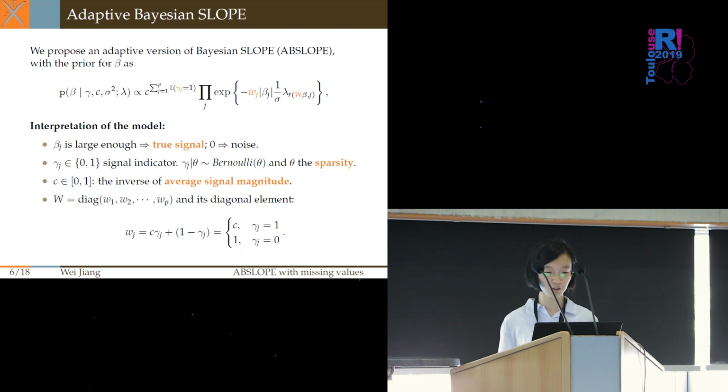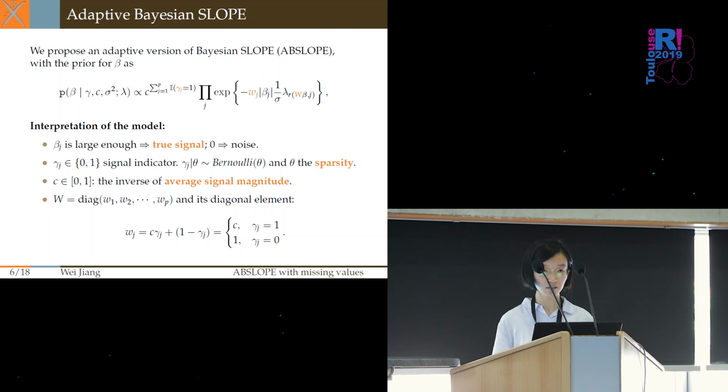First, we view beta as a signal if beta is large enough, otherwise only noise remains. Gamma can be viewed as a signal indicator, and we model gamma as a Bernoulli distribution with parameter theta, where theta is the sparsity.